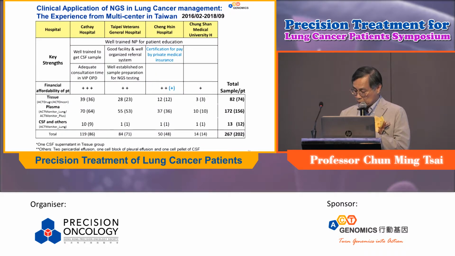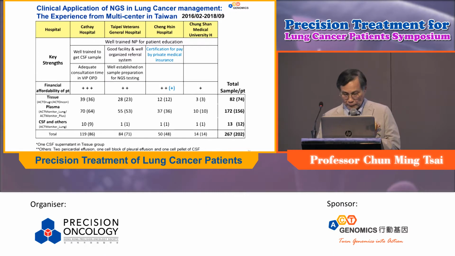And from February 2016 to September 2018, we tested 267 samples from 202 patients. That's actually at 4 different hospitals.